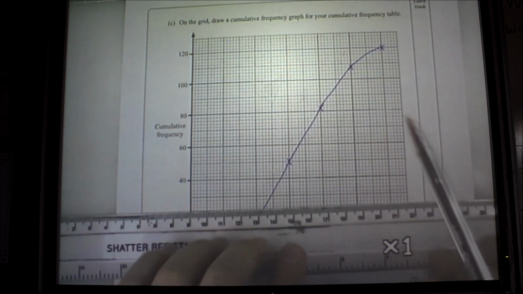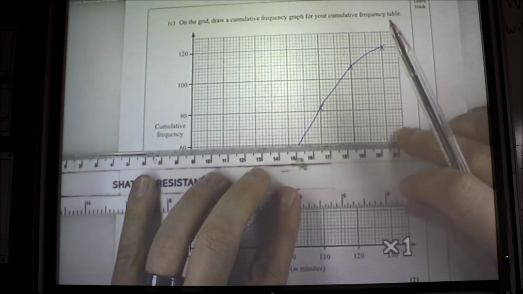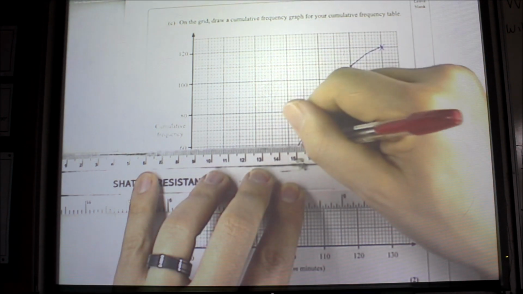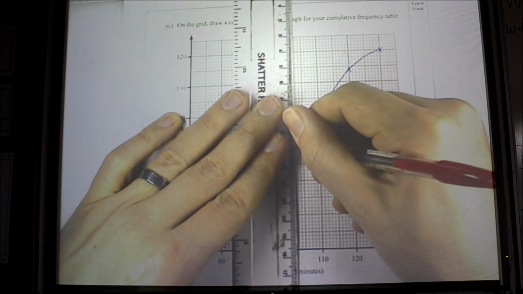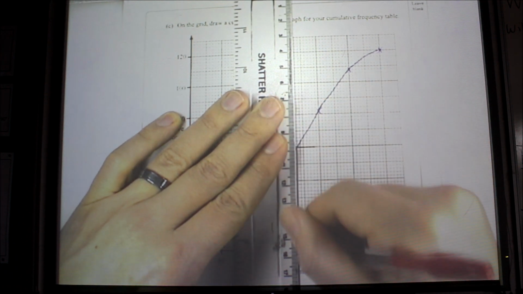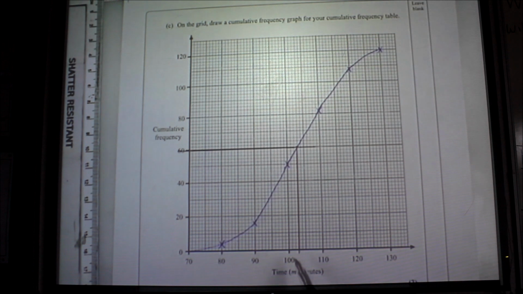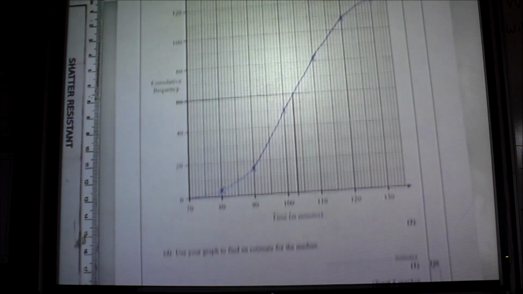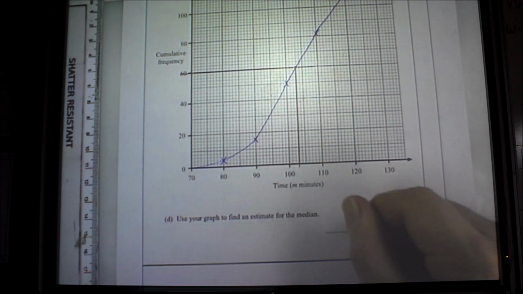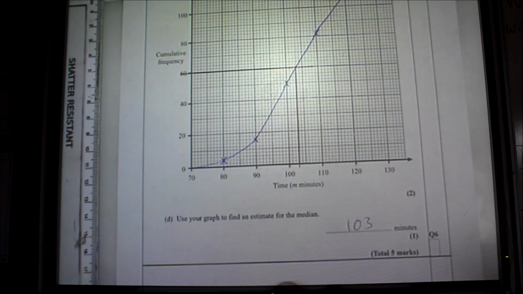So you want to be picking the 60th one, which is there. Again, show that you're using it. You must draw these lines on, otherwise you will not get the marks. 101, 2, 3, I think. 103 minutes on mine. And that is your work on cumulative frequency.